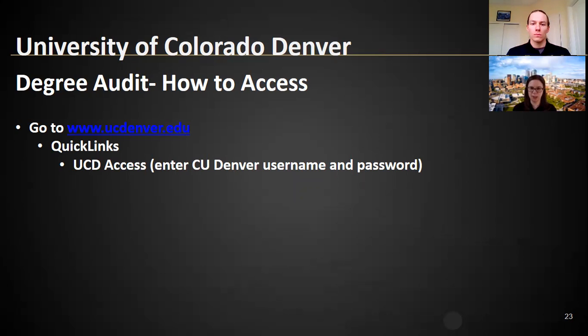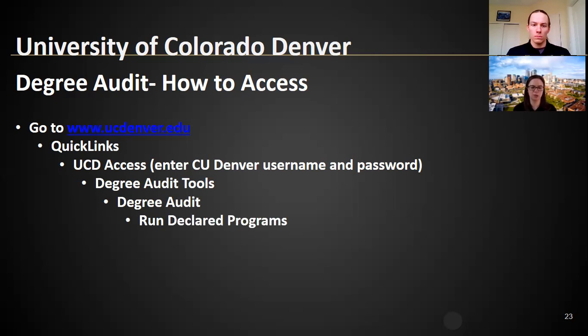Once you are logged into your student portal, there you will select a box in the upper right-hand corner with three white bars. It looks like a menu box. Click Degree Audit Tools, click Degree Audit, and then click Run Declared Program.